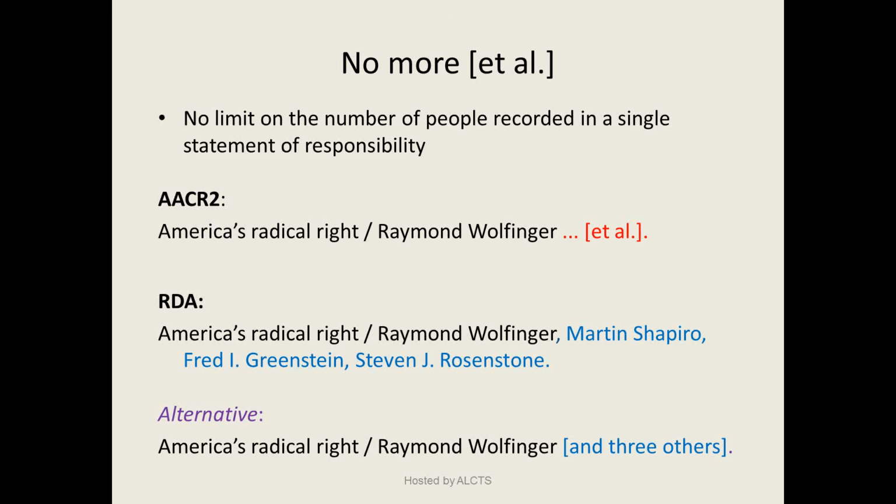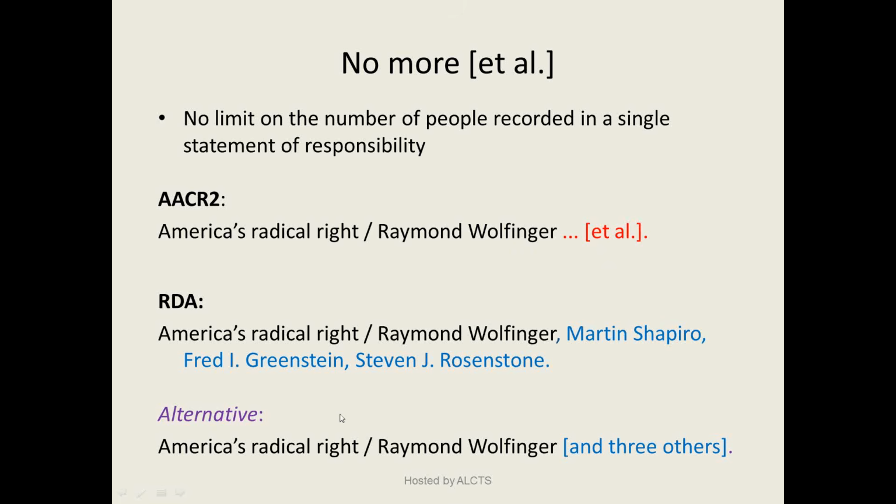You will not see the Latin at all, and that is because we have no limit on the number of people we record in a single statement of responsibility. So in this example, for this title, there were 4 authors, and we have a rule of 3 in AACR2, and so if there are more than 3, we record the first, and then use et al. to show that there are other people we've omitted.